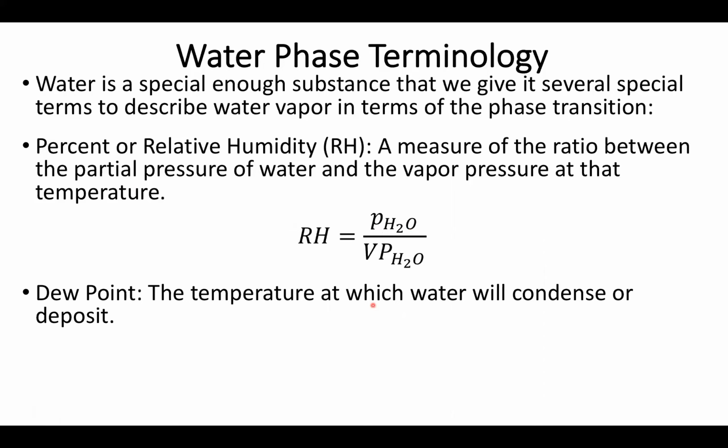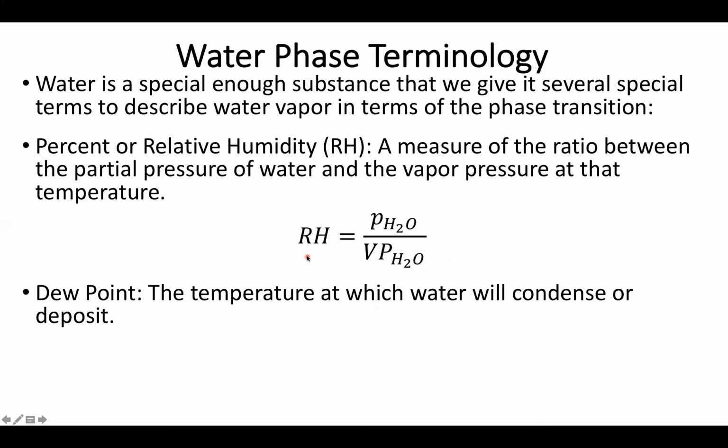And this is really illustrated when we look at another special term, which is the dew point. So this is essentially the temperature at which water will condense or deposit. And you can imagine this by looking at relative humidity. Let's say I start off with a moderate relative humidity, and then the temperature drops. Well, as the temperature drops, we also would expect the vapor pressure to drop and the relative humidity essentially increases.